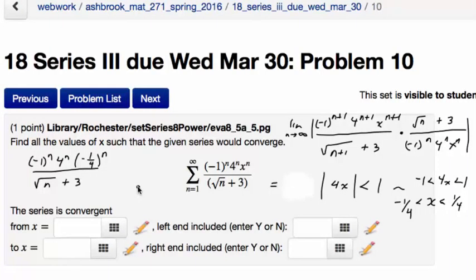Okay, so 4 to the n times negative 1/4 to the n is negative 1 to the n. So all this right here, you think about it: you have n 4's multiplied together and n negative 1/4's multiplied together, so you could pair them up. You could pair up a 4 with every negative 1/4, and you'd have n of those pairs, and all those would multiply to negative 1.